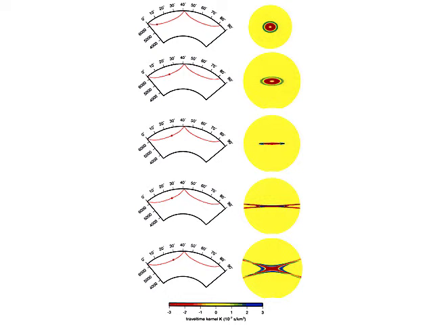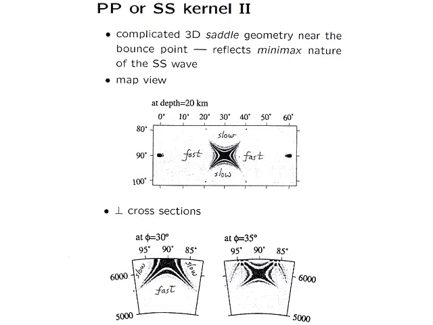So it's a very complicated way in which the PP and SS kernels feel off of the ray, but it's all because of the presence of these caustics. The reason it has this funny saddle geometry near the bounce point is also because PP and SS are minimax phases.